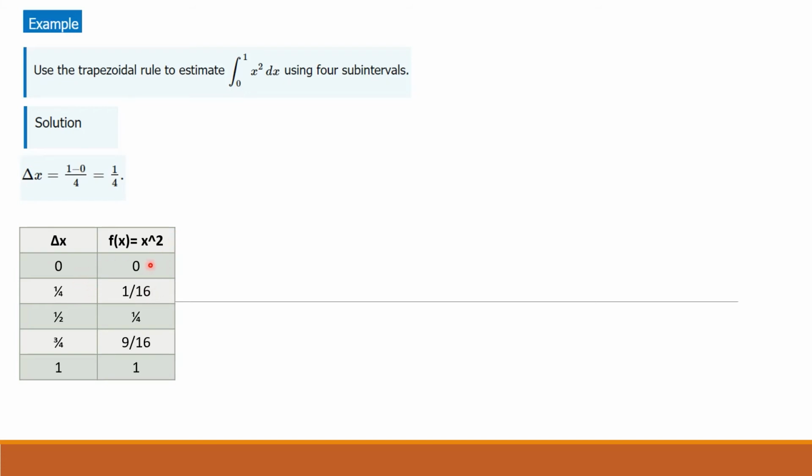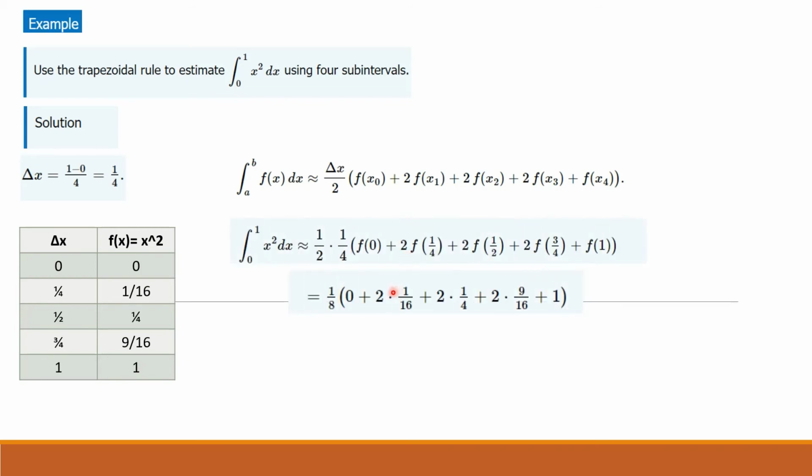So 0 squared is 0, 1/4 squared is 1 over 16, 1/2 squared is 1/4, 3/4 squared is 9 over 16, and 1 squared is 1. So here's our formula. Plugging in, we have the answer of 11 over 32, which is the estimated area beneath the curve.